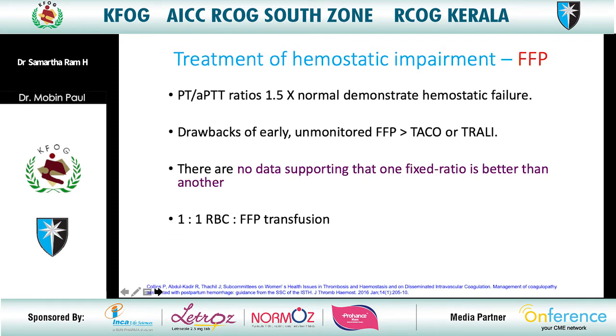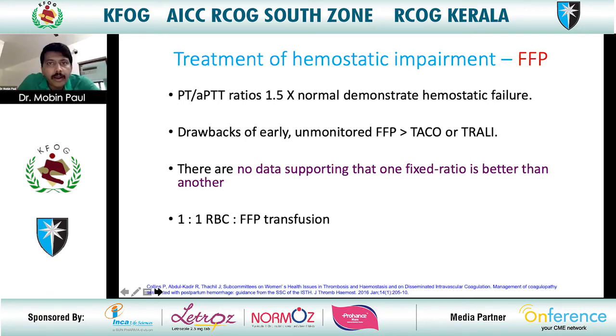A PT/APTT ratio of more than 1.5 from the normal shows a hemostatic failure. Early unmonitored FFP administration, as some people were previously talking, can lead to transfusion-associated circulatory overload and transfusion-associated acute lung injury.